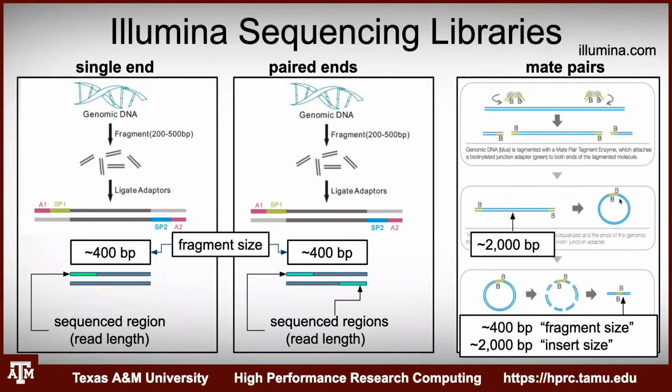So that the ends that are actually thousands of base pairs apart in the genome are now closely linked together. And then you fragment that circle and sequence only the regions that have this junction adapter inside of it. So again, you end up with something that looks like a 400 base pair fragment size, but the origin of those in the genome is several thousand base pairs apart.